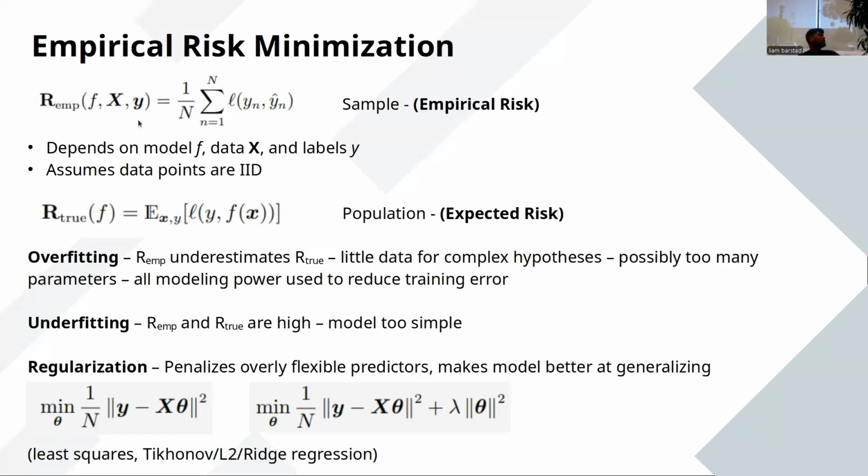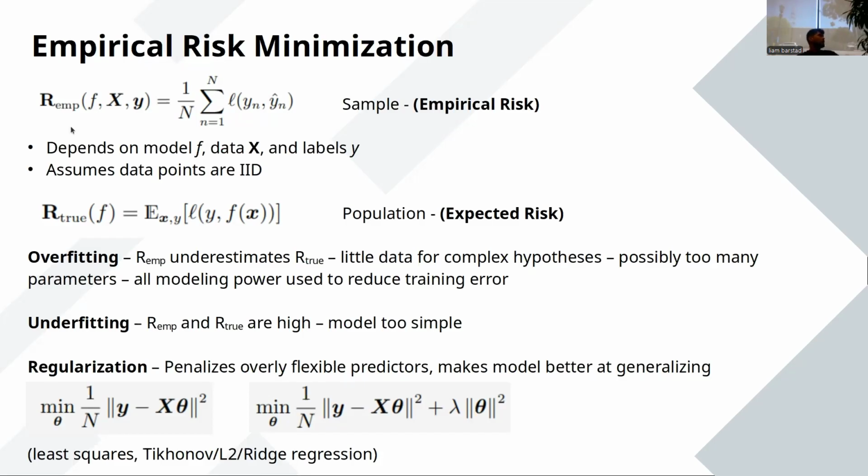This depends on the model, the data X, and the labels. It also assumes that the data points are independent and identically distributed, which is IID. And that's actually true with maximum likelihood estimation, which I'll get into in a bit too.